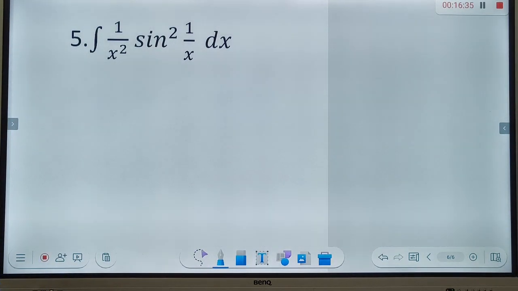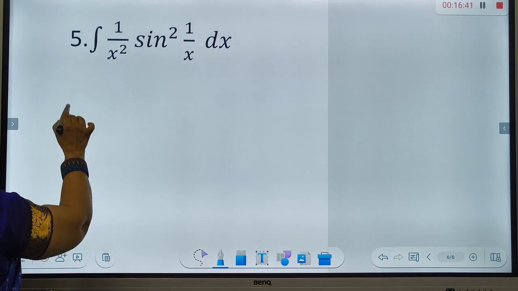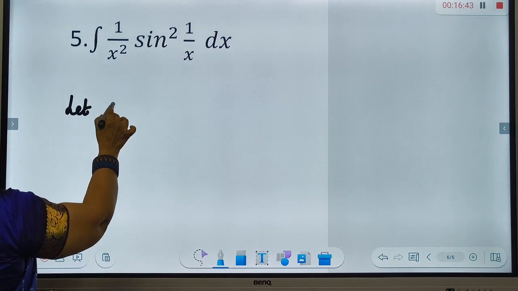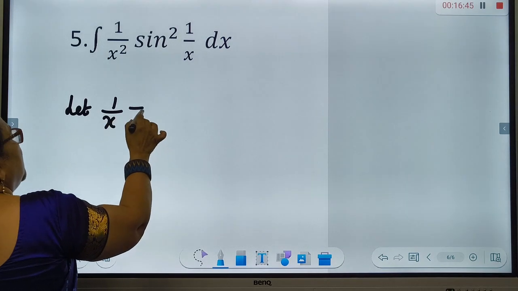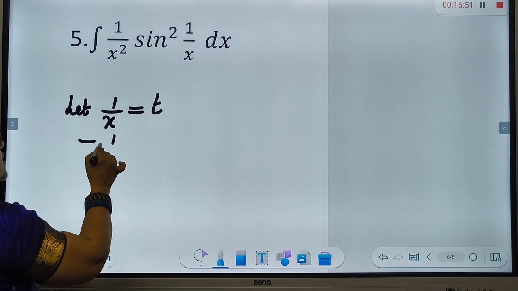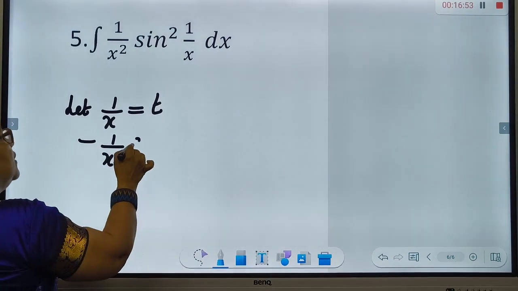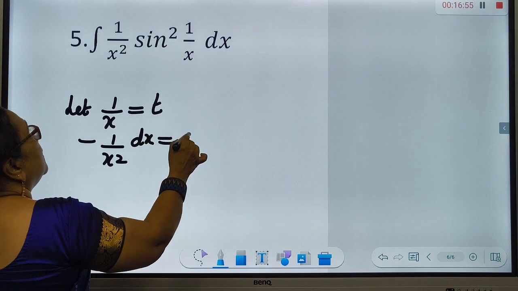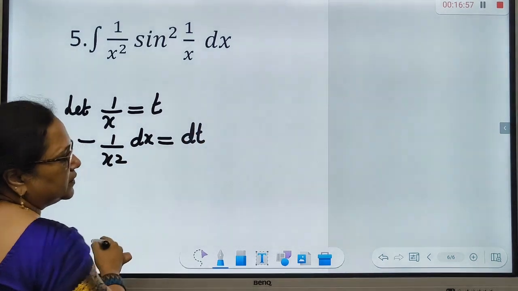Now let us look at this sum. 1 by x square into sine of 1 by x dx. Okay. So let 1 by x be equal to t. Then minus 1 by x square dx will be dt.